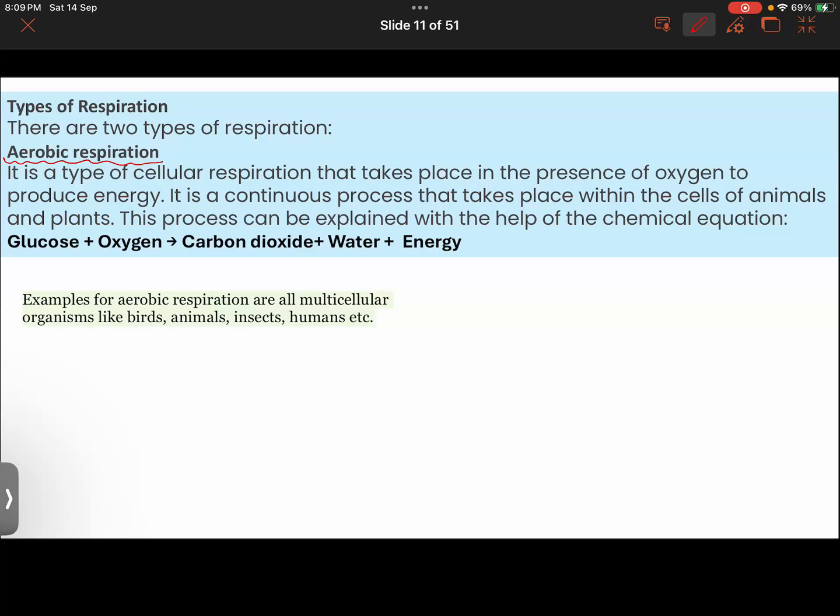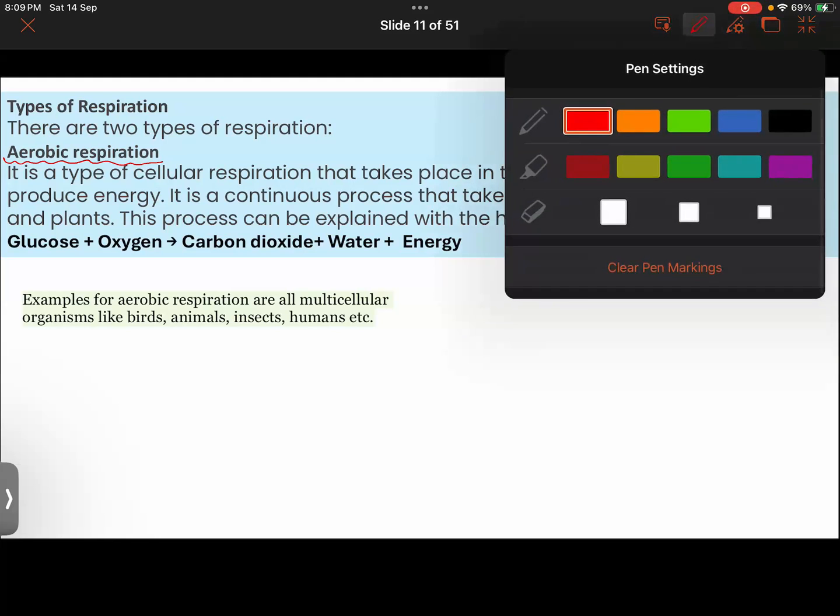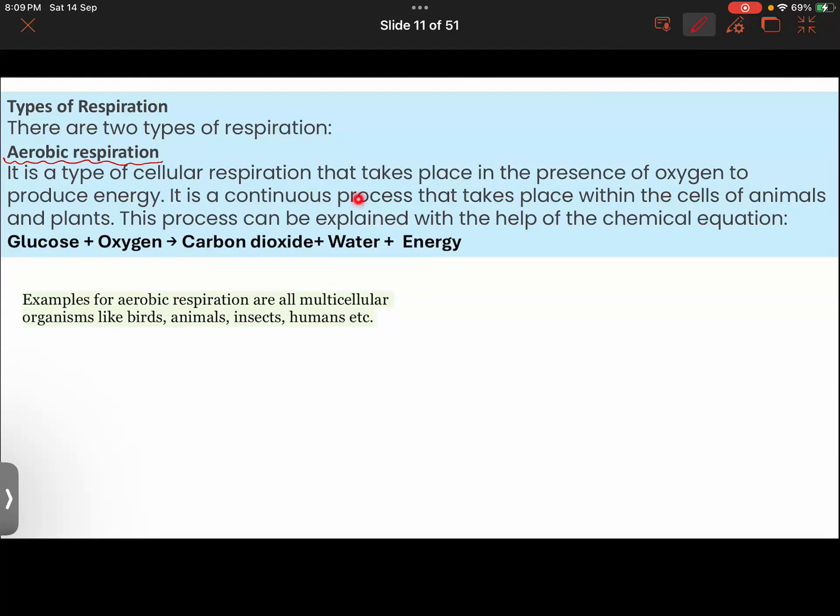Good. So far, what we're getting in the case of aerobic respiration is that this takes place in those organisms which survive on oxygen. Like we humans, most of the multicellular organisms like insects, animals, birds, almost all the different organisms that you see in the surroundings, all of them survive on oxygen.